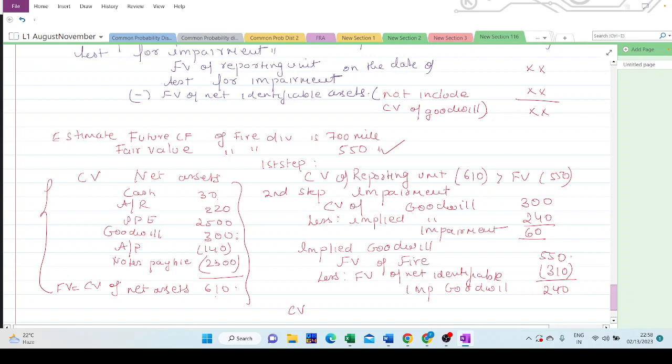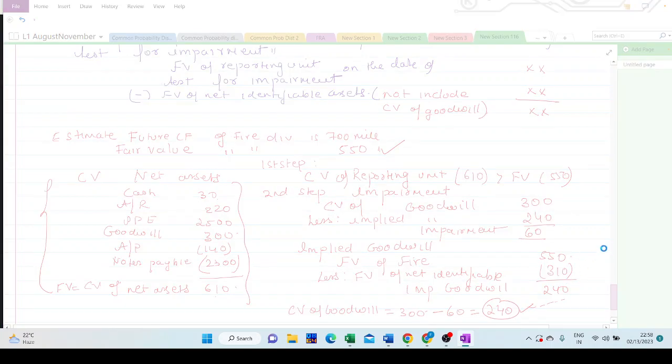So carrying value of goodwill would be 300, which was the reported value of goodwill before the test for impairment. 300 was the carrying value of the goodwill before test of impairment, minus impairment loss 60. So carrying value is 240, and this 240 is nothing but implied goodwill.